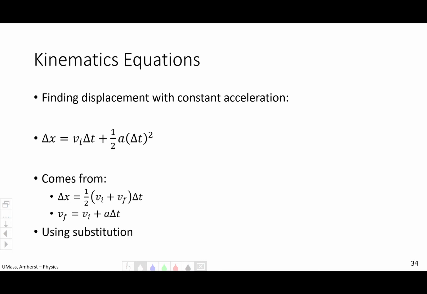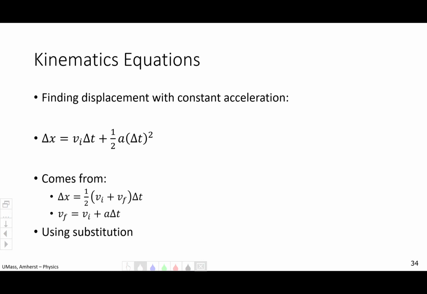So the next kinematic equation that we're going to work with is an equation that allows us to find displacement under a constant acceleration. That requires the following pieces of information. The formula itself is delta x equals vi, v initial, delta t, so the initial velocity times the time, plus 1/2 of the acceleration times the change in time squared.